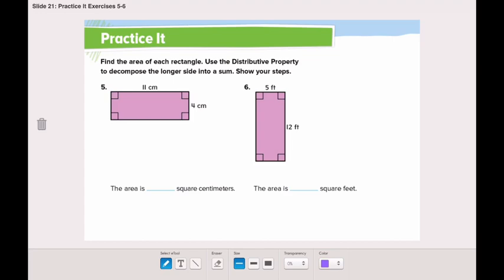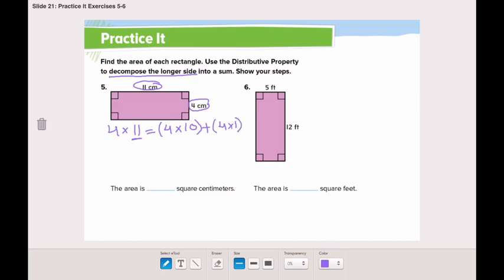So here we have the length is 11 centimeters and the width is 4 centimeters. They asked us to decompose the longer side. So 4 multiplied by 11 equals, we will decompose the longer side, which is 11, into 4 multiplied by 10 plus 4 multiplied by 1.